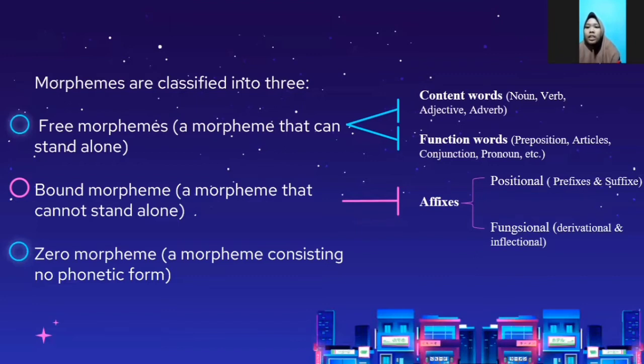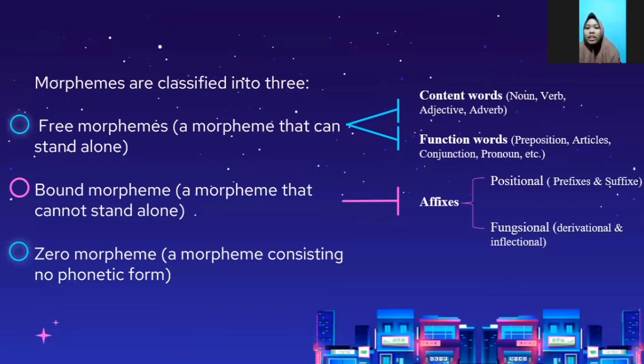Bound morphemes consist of affixes. Based on their position, affixes can be classified into, the first, prefixes, affixes in the front position such as re, dis, il, im, and etc. The second is suffixes, affixes in the back position such as able, ion, man, ian, and etc. Meanwhile, based on their function, affixes can be derivational and inflectional affixes.